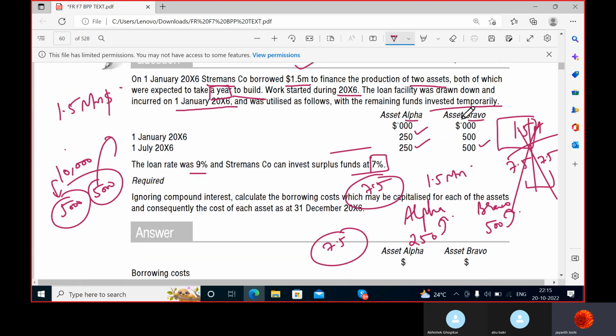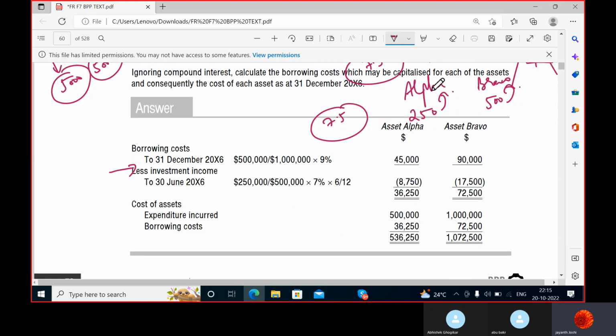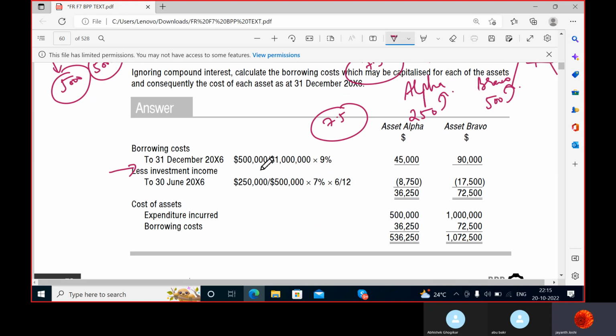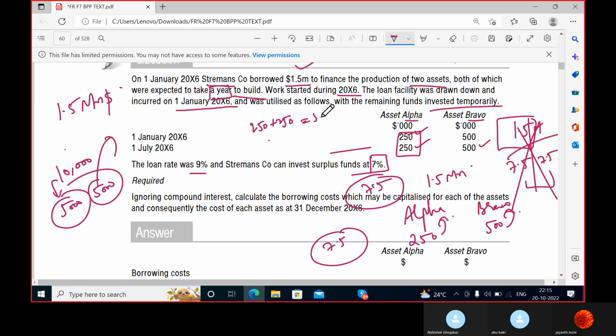For asset alpha, they are using 250 plus 250, that is 500. And for bravo, they are using 500 plus 500.